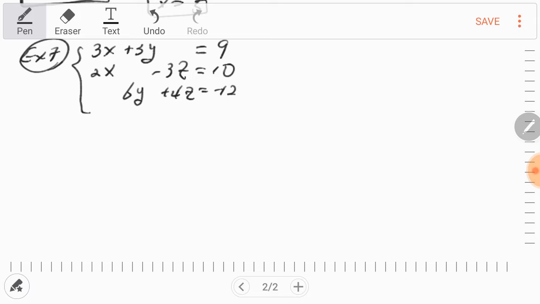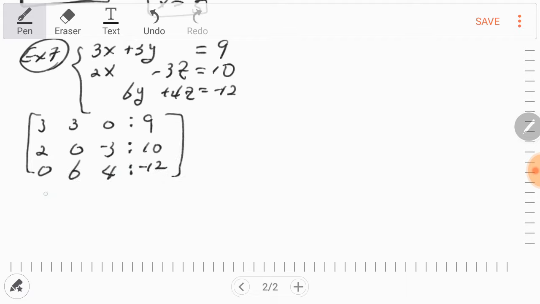First rewrite this in matrix form: 3, 3, 0, 9, 2, 0, negative 3, 10, 0, 6, 4, and negative 12. From here, look at the first row. The first row is a multiple of 3, so why don't we just divide the first row by 3 so that we can have 1.